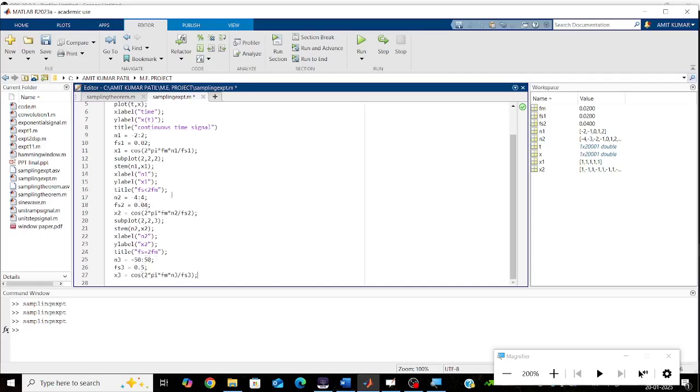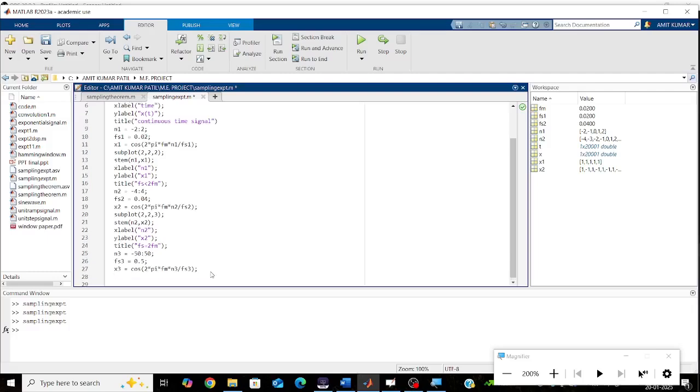Here it was 0.04, so when you multiply it by 100, minus 4 we got. Generally I am multiplying this value by 100, 0.5 multiplied by 100. In this way I am assuming. You can assume your way also. In this way, you will get the proper graph of the signal.